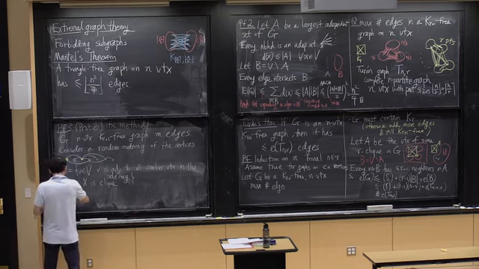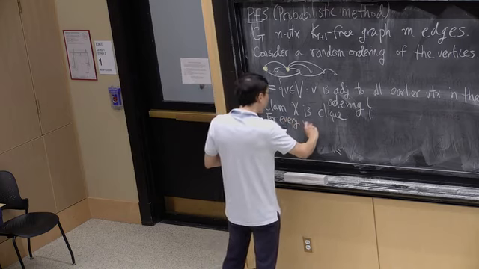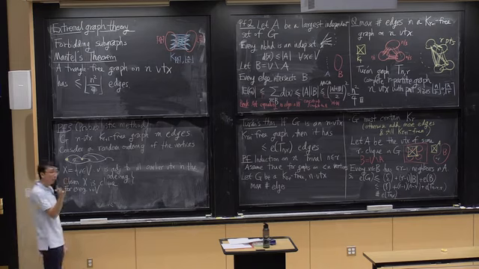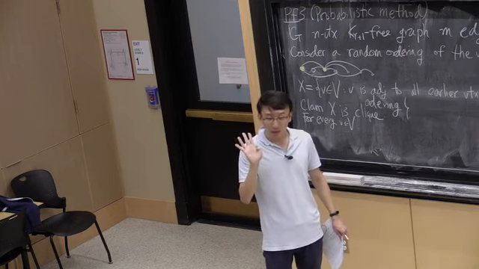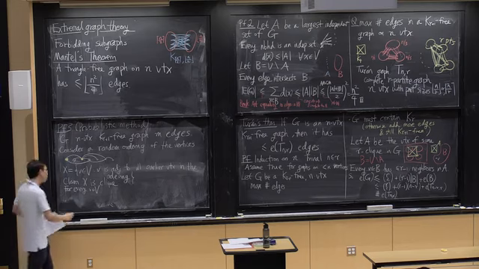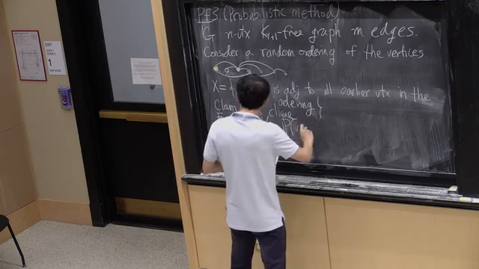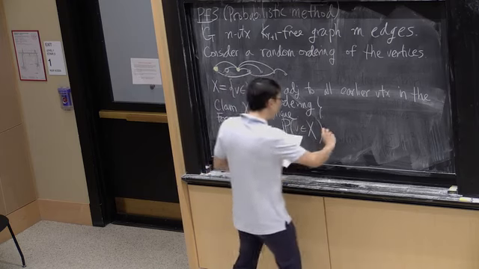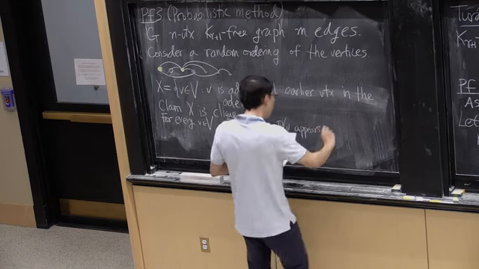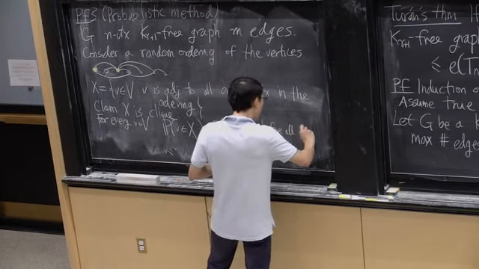So for every vertex, I want to understand the probability that this V is included in X. Right, so V has a bunch of non-neighbors, and the property of V being included in X is that all of its non-neighbors appear after V. So the probability that V, little v, is in the set X is equal to the probability that V appears before all its non-neighbors.